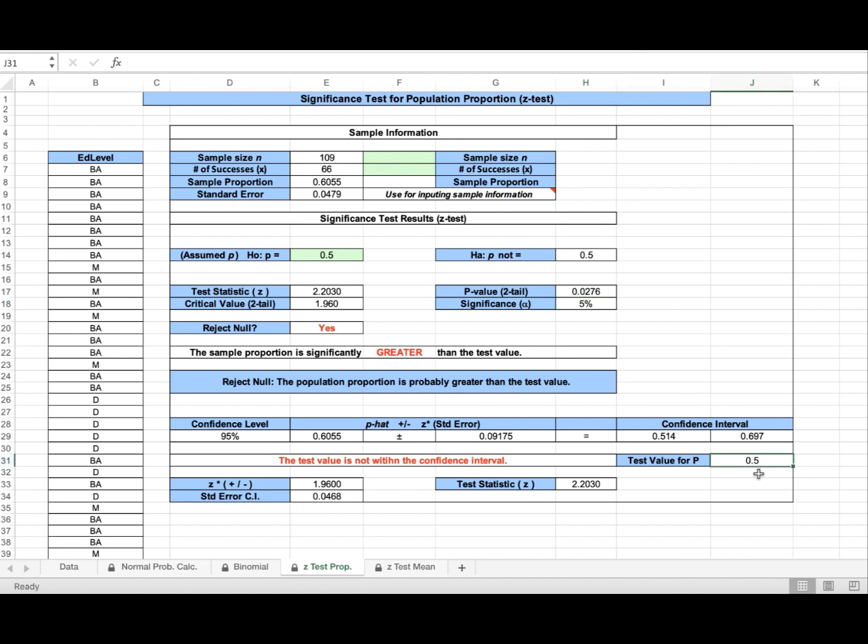Further, we could see that 0.5, the test value for our proportion, is not within the range of the confidence interval. When we exclude that test value from our 95% confidence range, we would always reject the null hypothesis at the 5% level of significance.